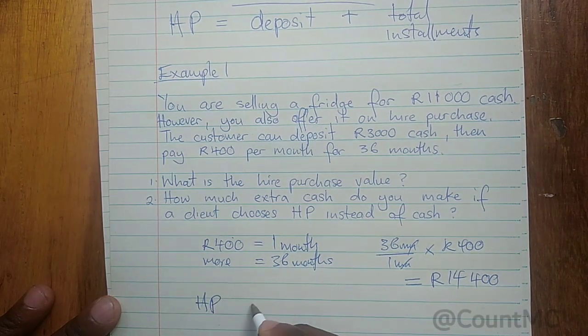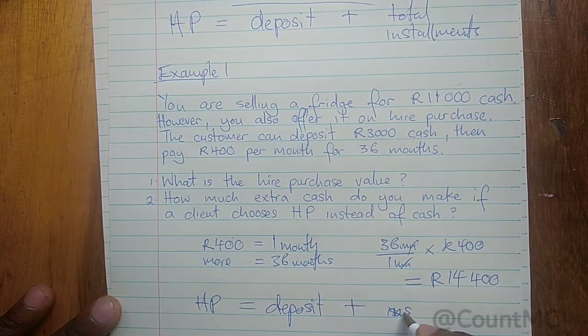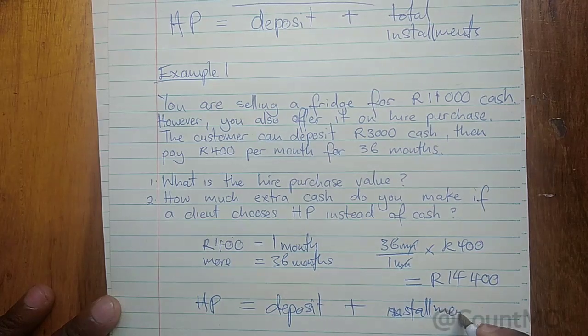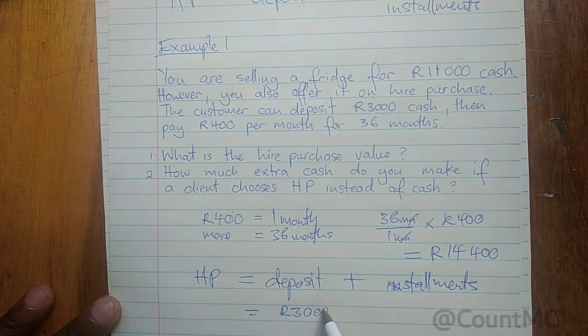Our hire purchase, remember, is equal to deposit plus the installments. So our hire purchase, the deposit is 3,000 plus the installments 14,400.